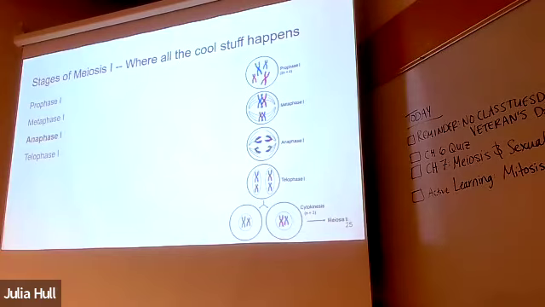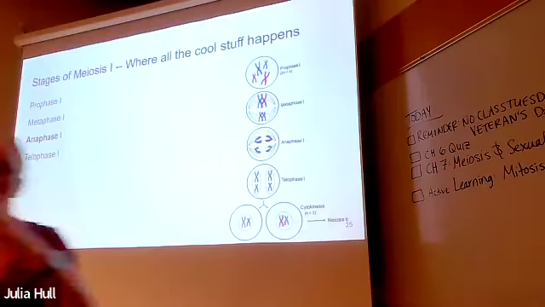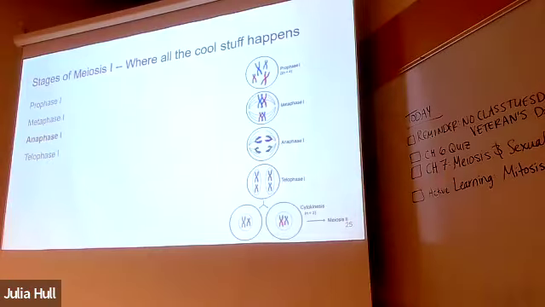That gives us a source of genetic variability. And then metaphase 1. What are we lining up along that equatorial plane? Homologous chromosomes, not sister chromatids. In anaphase 1, we're going to pull those homologous chromosomes apart.